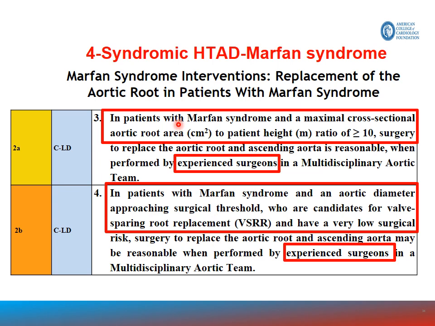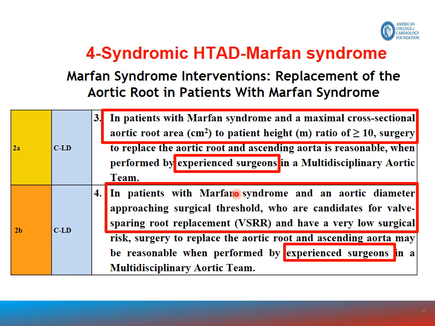We also have an indexed parameter in patients with Marfan syndrome: a maximal cross-sectional aortic area to patient height ratio of 10 or more. Surgery to replace the aortic root and ascending aorta should be considered, provided that the surgery will be performed by an experienced surgeon.